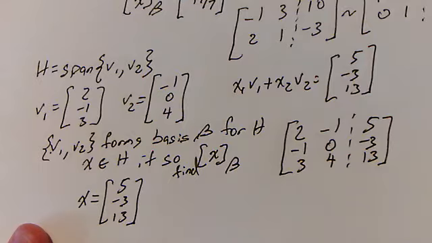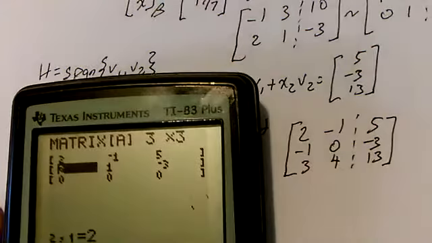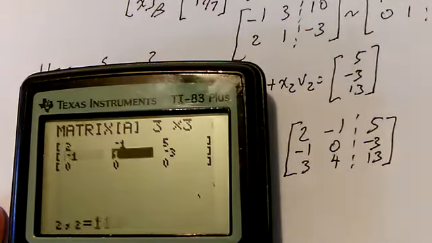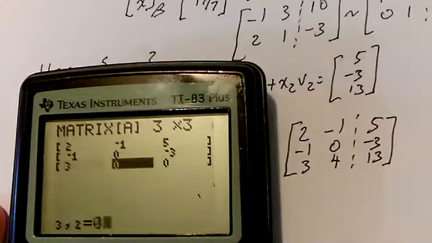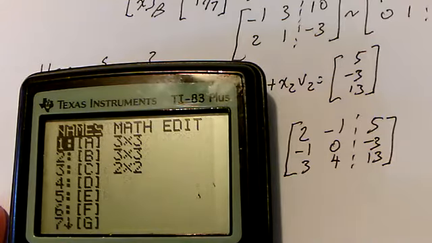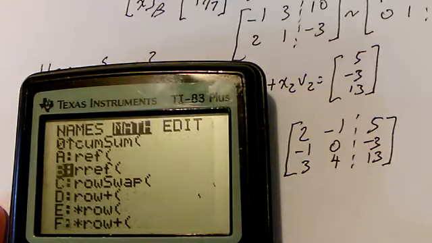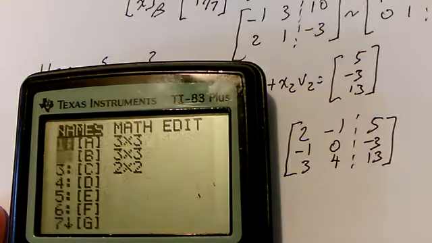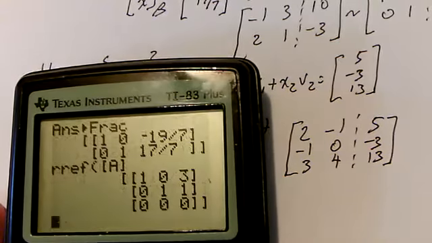Okay, so we're going to go to our matrix. We're going to do a 3 by 3 matrix. Going across, I've got 2, -1, 5. -1, 0, and -3. 3, 4, and 13. Okay, and we're going to do an RREF. Remember, go to math, go to RREF, matrix A, where I stored it, or wherever you stored it.